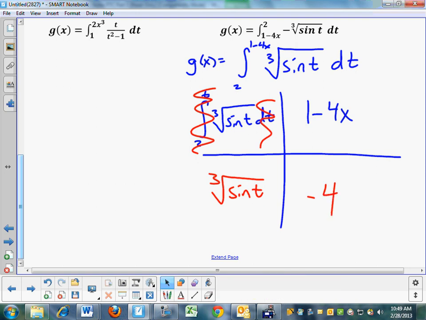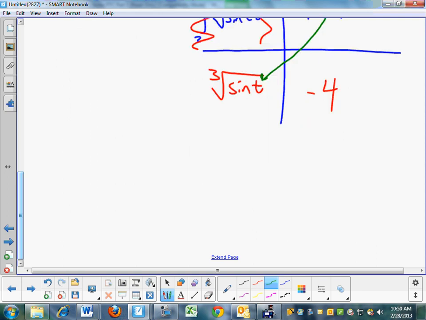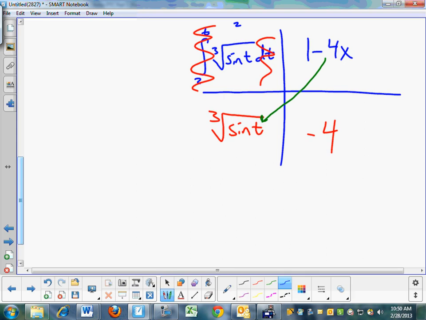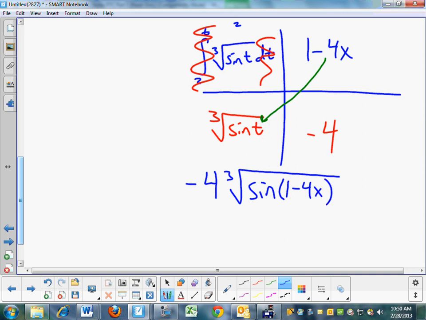Negative 4. So what we have to do is take this and plug it in and multiply by that. If we multiply these together, I get negative 4 times the cubed root of sine of 1 minus 4x, and that's it.